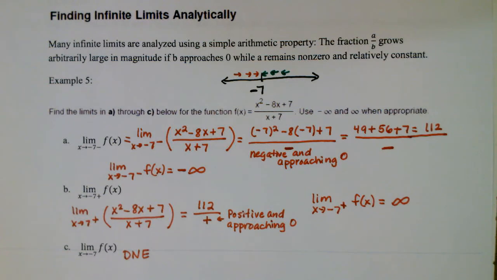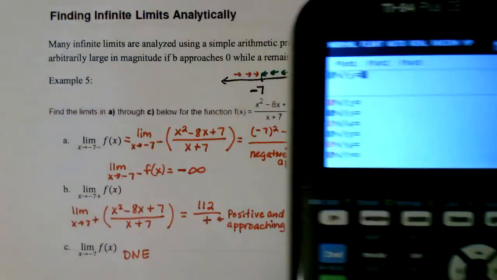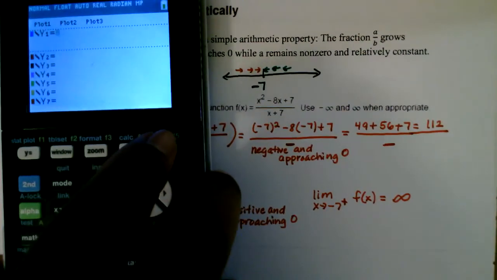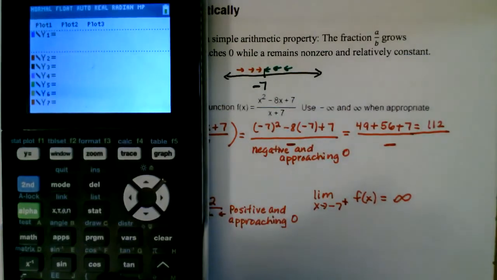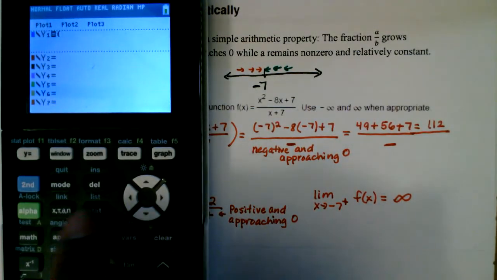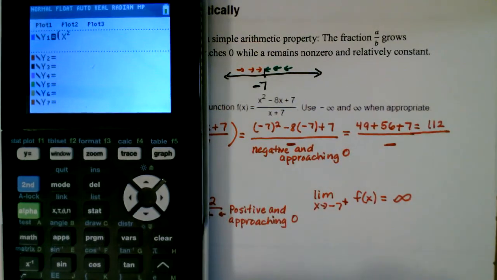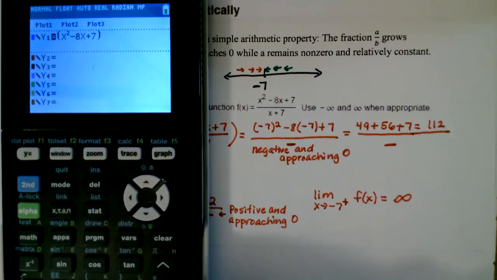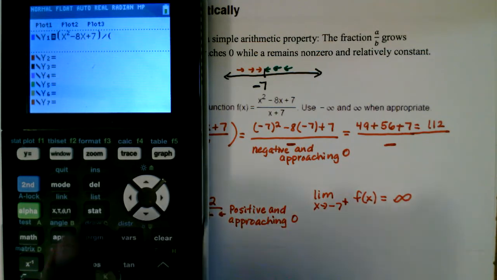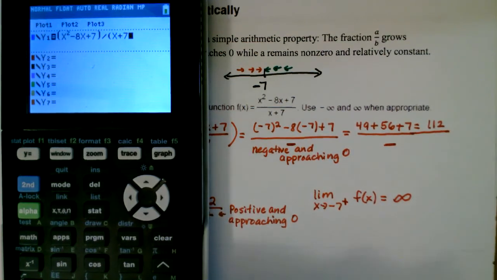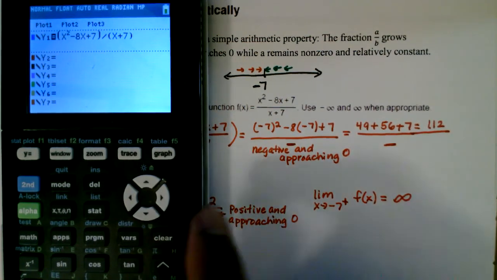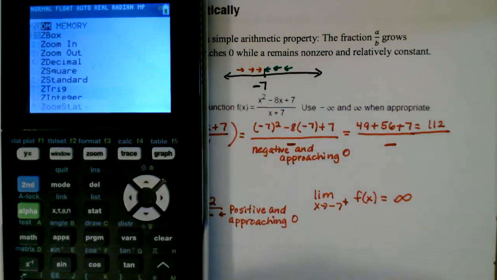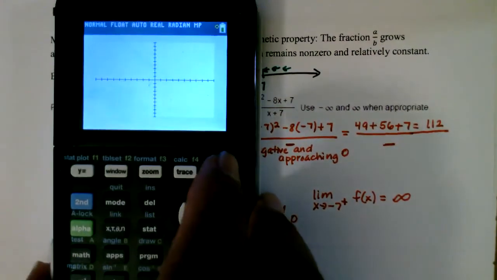And sometimes if you type that function into the calculator, you might see what's going on here. Like, let's see here, in the numerator, x squared minus 8x plus 7, and that's in parentheses, divided by, and then left parentheses, x plus 7. And then I'm going to hit zoom 6 for the standard window.